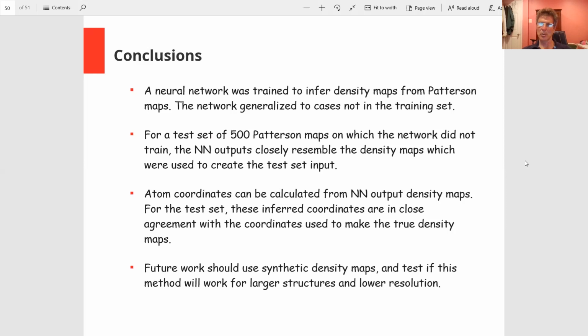For future work, what I would want to do is use actual synthetic density maps for real molecules, and see if this method would work for larger structures, and importantly also see if this would work at lower resolution, because that could be really quite useful, because right now direct methods won't work unless you have atomic resolution. So if this could work at lower resolution, it would be valuable.